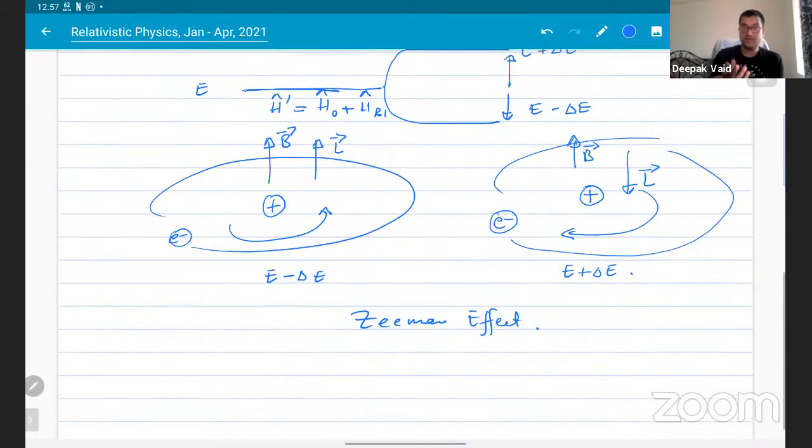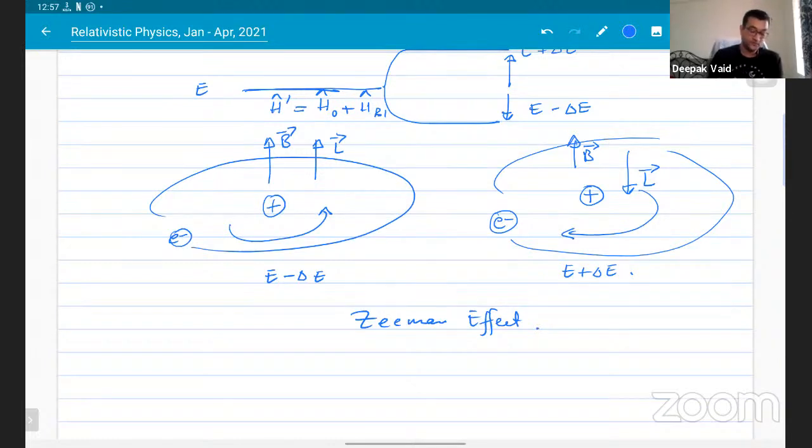And again, you might say at this point, well, we're talking about quantum mechanics, and the electron has a wave function, so I can't talk about it going around in this way and going around in that way in any fixed orbit. And yes, that is completely correct.